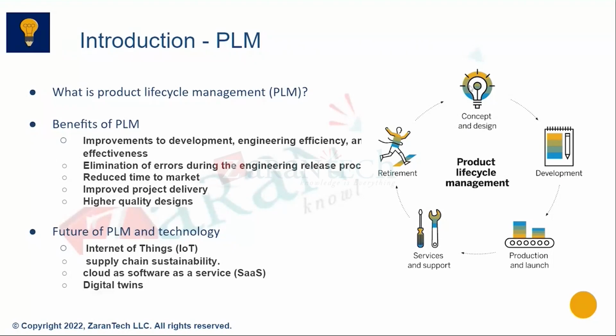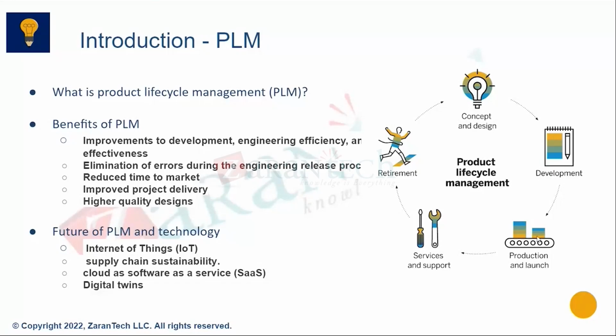And once this concept and design is approved by the set of stakeholders, or set of authorized people from an organization, they will hand over for development. Once the development team receives the concept and design from the previous design team, they will start the development. And once they complete the development, they will hand over for production.